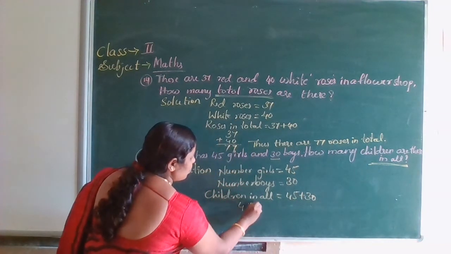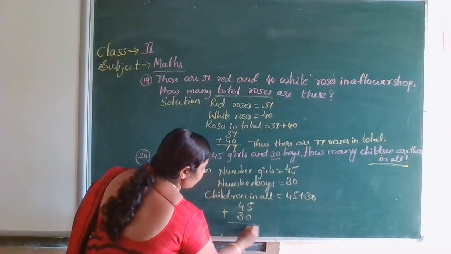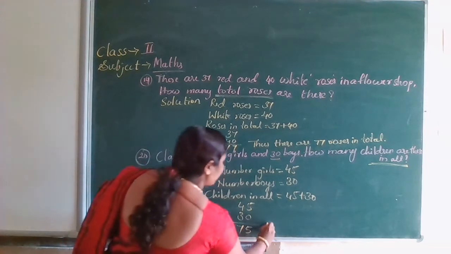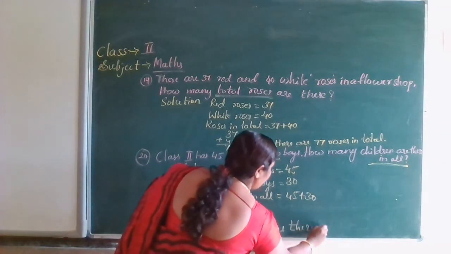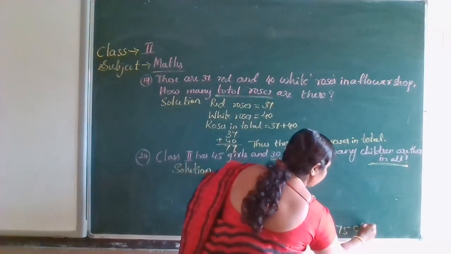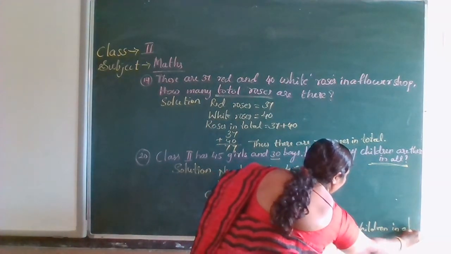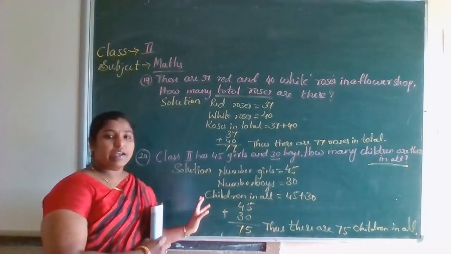So write in the column 45 plus 30. 5 plus 0, 5. 4 plus 3, 7. So 75. Thus, there are 75 children in all.